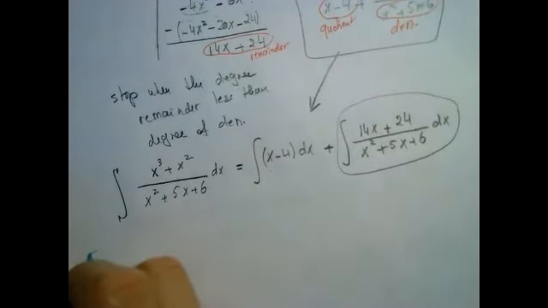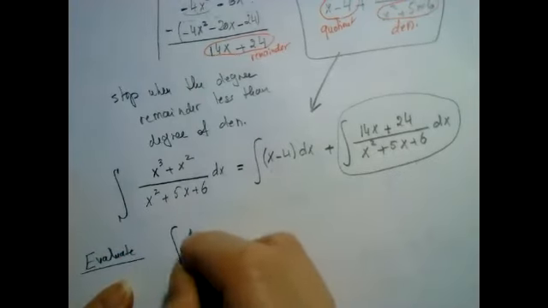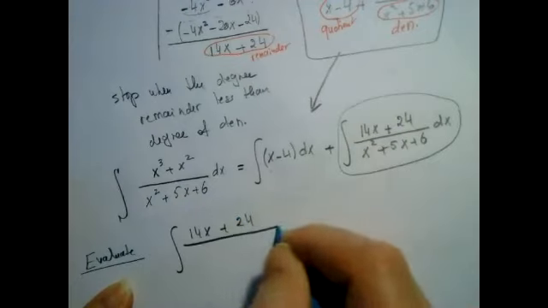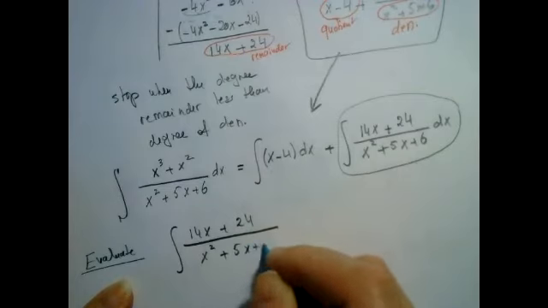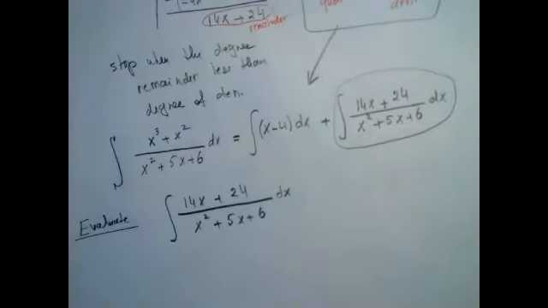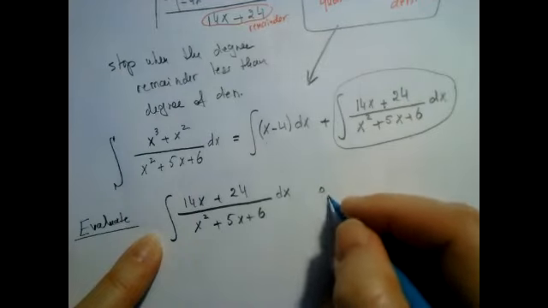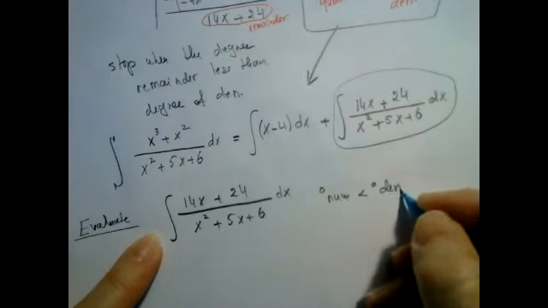So let us evaluate the integral of 14x plus 24 over x squared plus 5x plus 6 dx. Okay. So now this is bringing me back to my previous scenario. Let us note that the degree of the numerator here is less than the degree of the denominator.